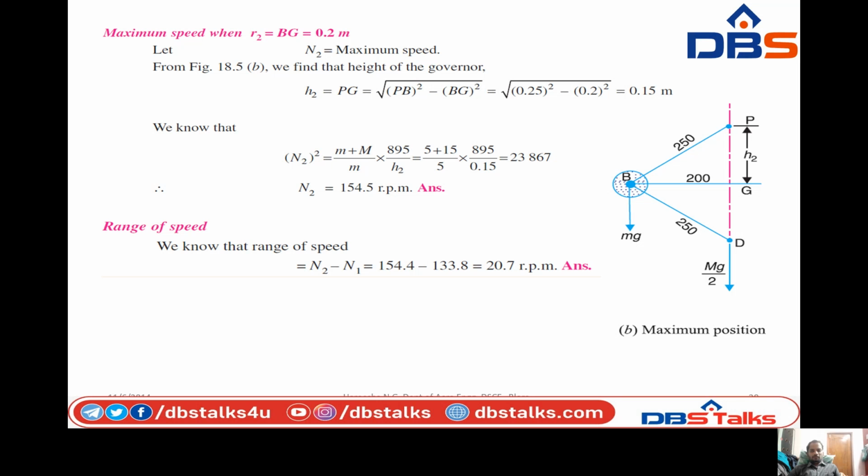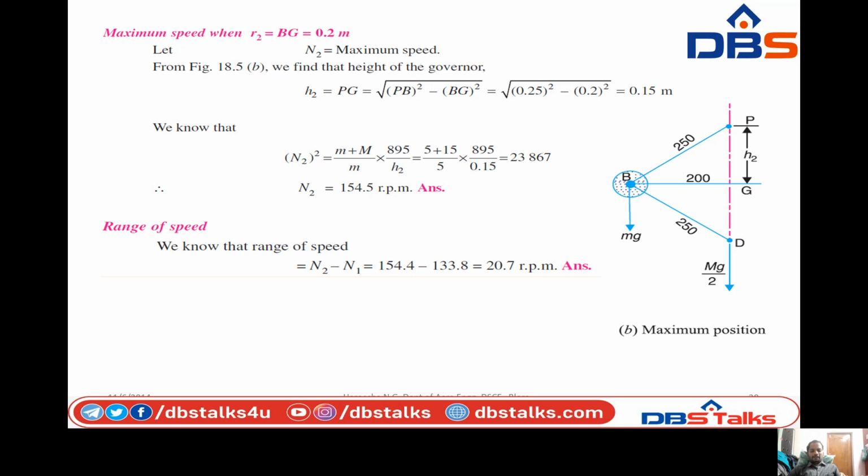So finally it is 0.15. We know that N2 square is equal to small m plus capital M by small m into 895 by H2. Probably N2 is 155 rpm.